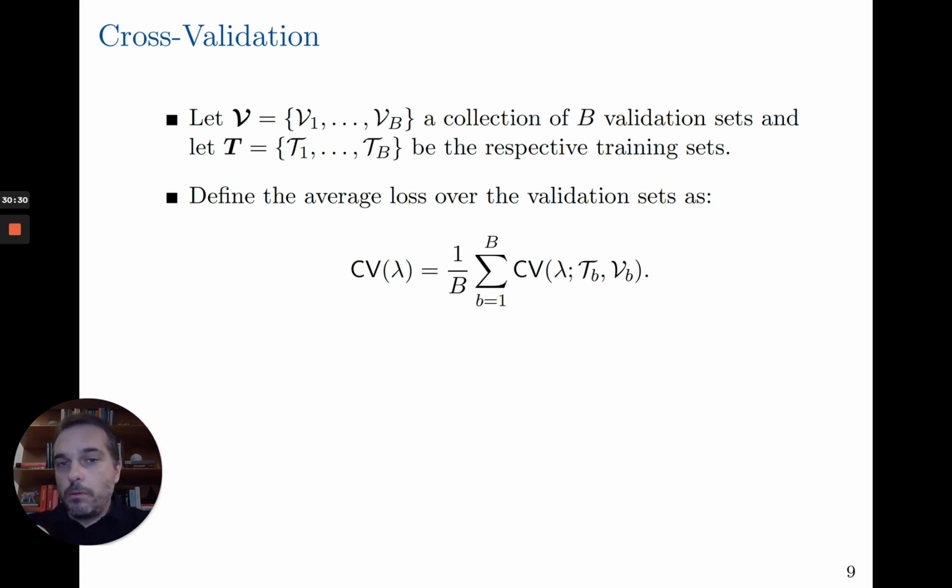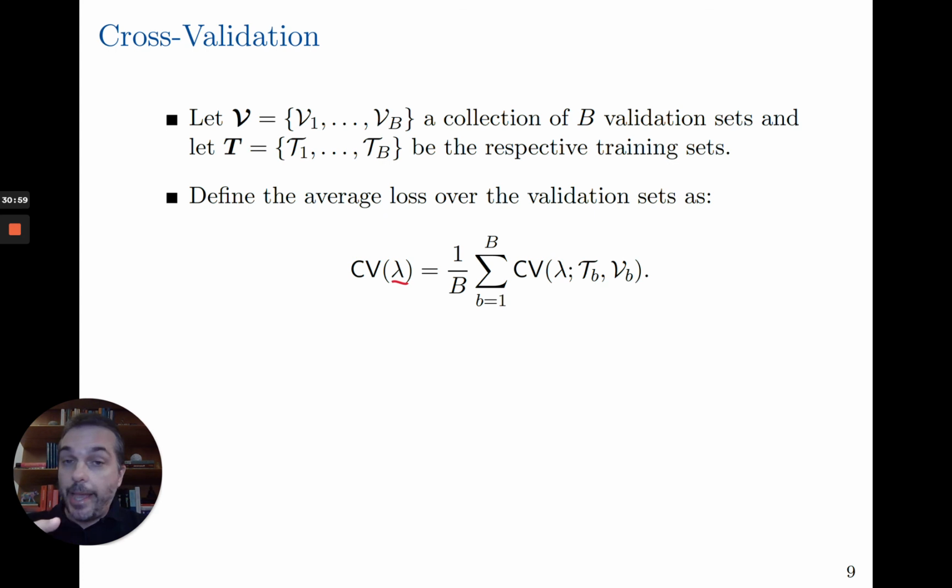So now this is not specific to one single split of the data into training and validation set, but it's an average over multiple choices, over B choices of this pair training validation. Okay? And the only thing that's now between parentheses here is our regularization term.